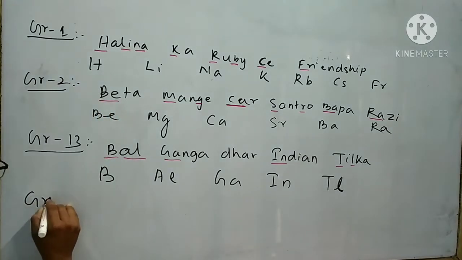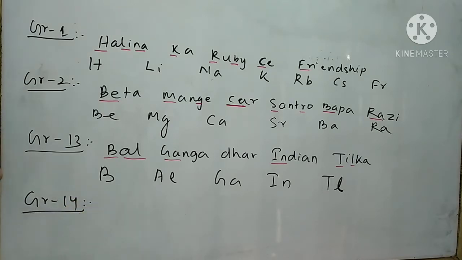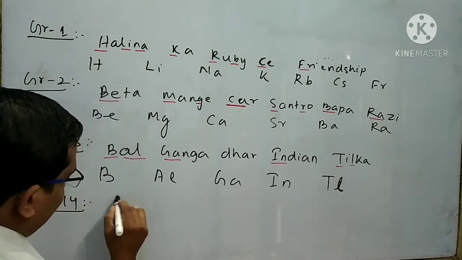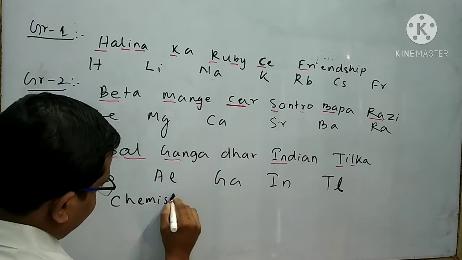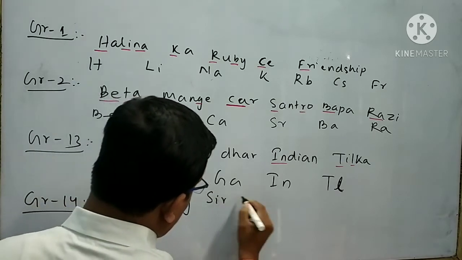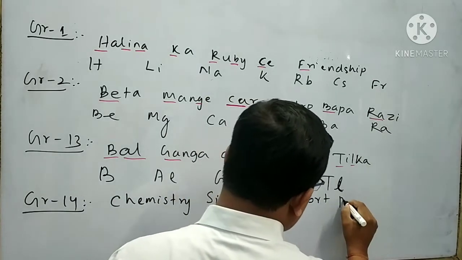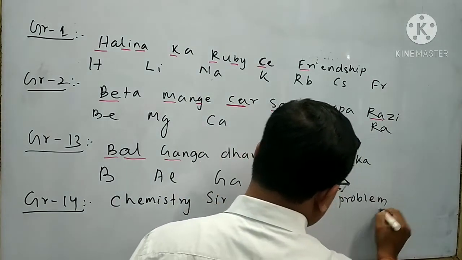Next is your group 14 elements. For remembering the group 14 elements, generally we use a short trick, that is your chemistry gives short problem.